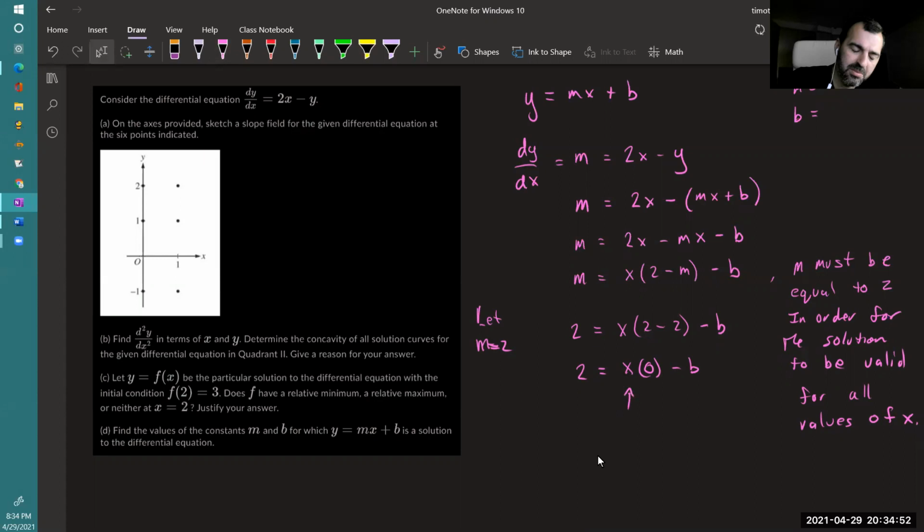It could be 10, it could be 5, it could be a million, it could be a zillion. If m is 2, then we're good to go. So 2 equals negative b, which means b equals negative 2. So if we let m equal 2, b equals negative 2.